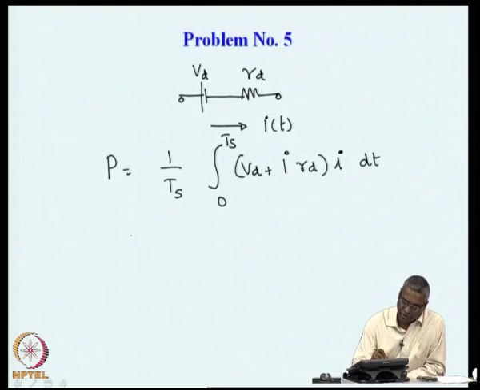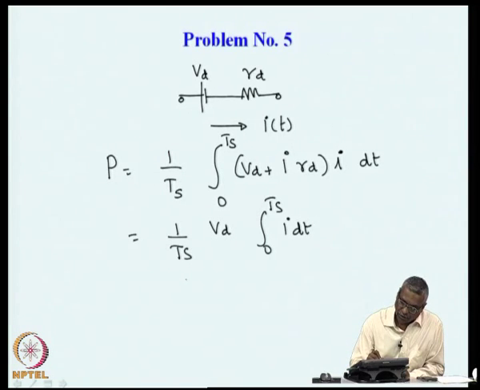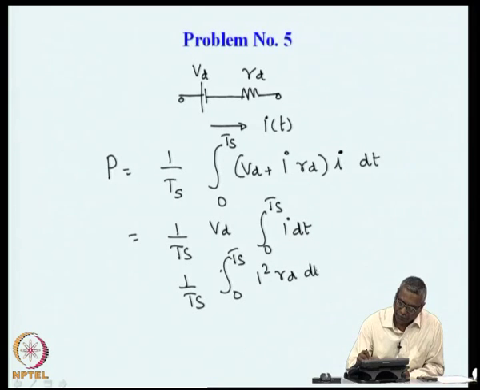Let us separate this out. This first term will be 1 by Ts, because Vd is a constant term, Vd into integral 0 to Ts I dt. The second term is 1 by Ts integral 0 to Ts I square Rd dt.